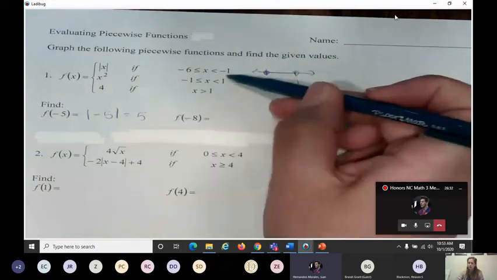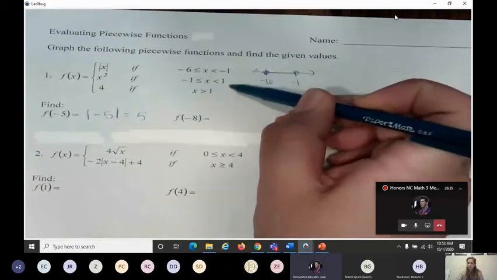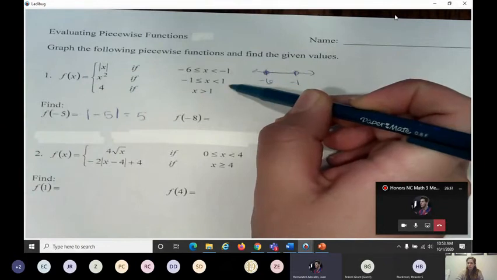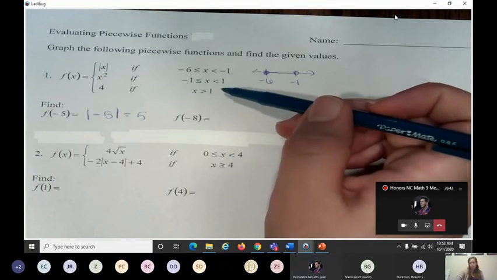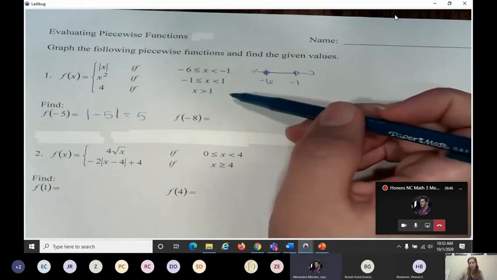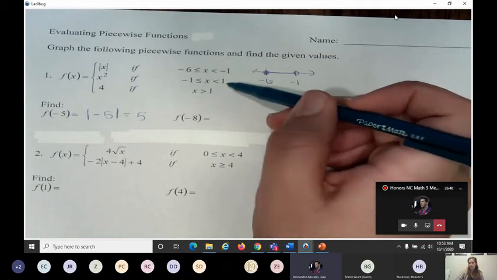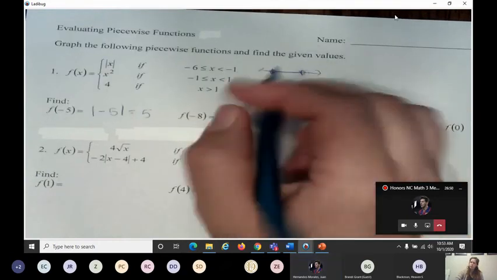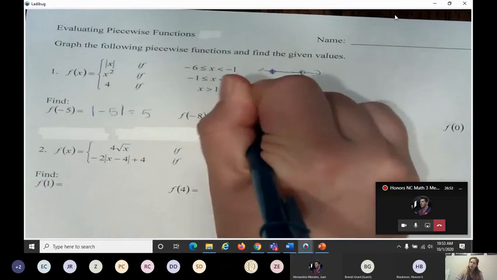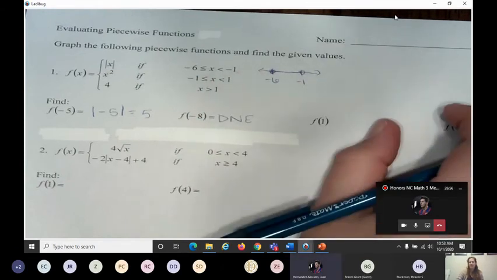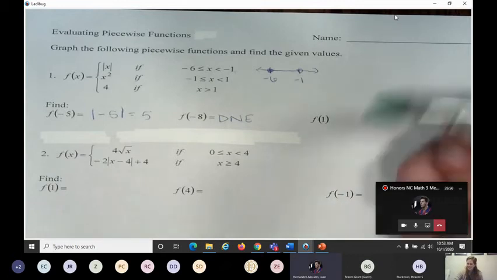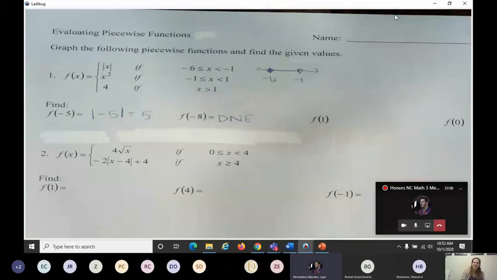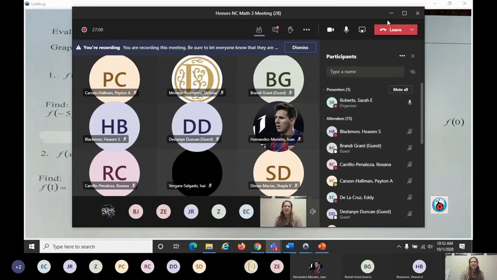We said it was not in this one. Is it between -1 and 1? It's not between -1 and 1, and it's not bigger than 1. So this solution does not exist on this graph. Exactly. That's all you had to do. That's why I was testing you. Thank you, Juan, for the answer to my trick question.